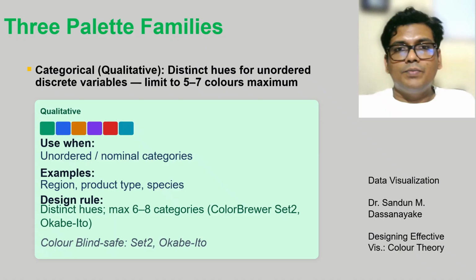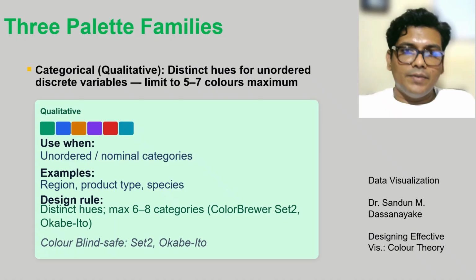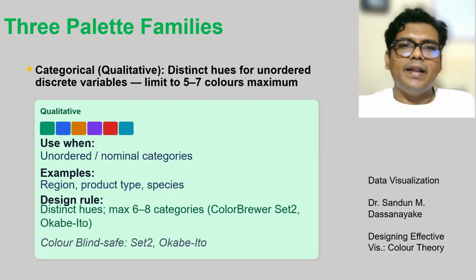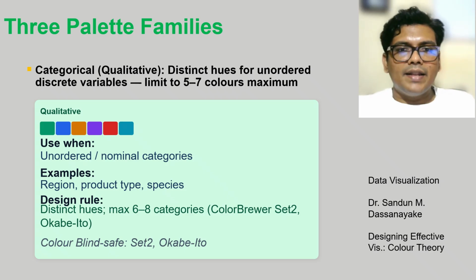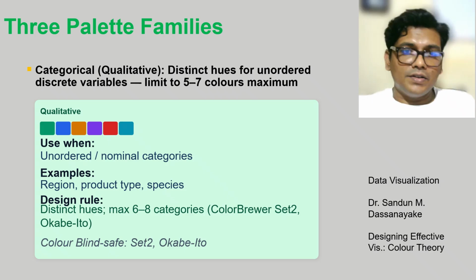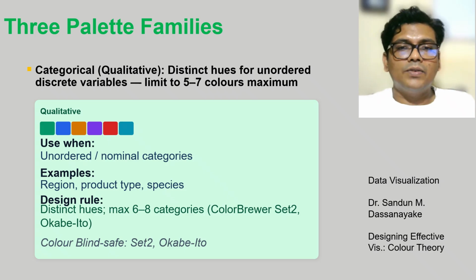No color should pop more than the others unless you intend one category to stand out. That requires carefully balancing lightness and chroma across your hues, not just picking whatever colors look visually interesting.